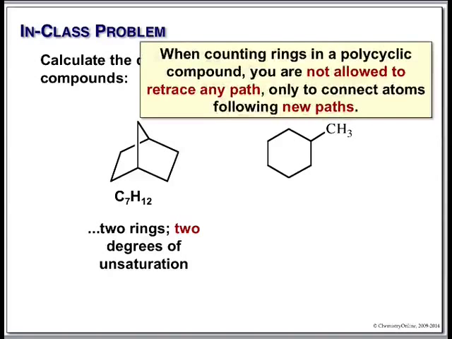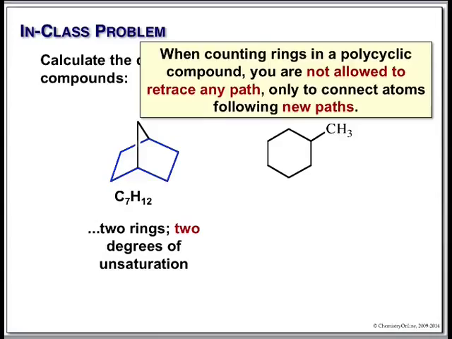Then you look at what's left, start somewhere else, trace out another ring, starting somewhere, ending somewhere. You're not allowed to retrace any path, but you can connect atoms on the 2 paths. So what this means is, we start off with this. I could just say, all right, I'm going to start here, and make that a ring.